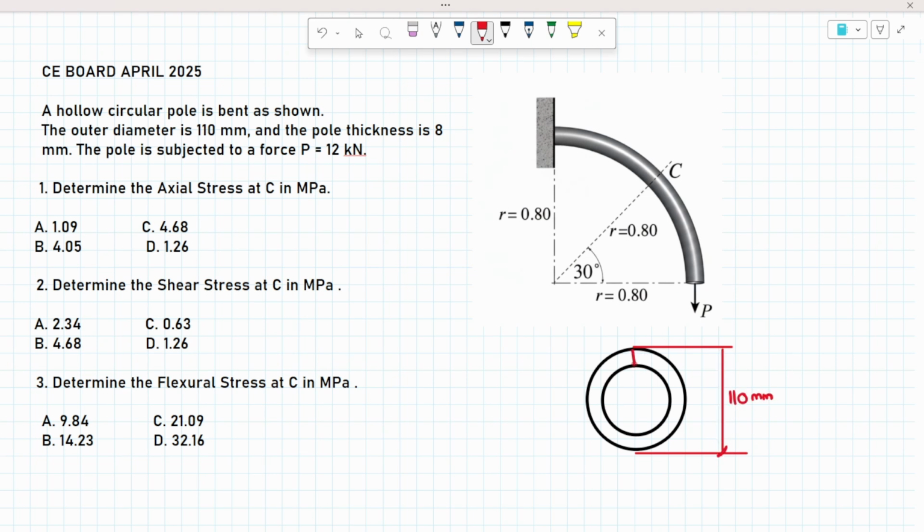And the thickness, 8 mm. And eto is also 8 mm. So we have an inner diameter here, that is inner diameter 110 mm minus dalawang 8 mm. This is equal to 94 millimeters.